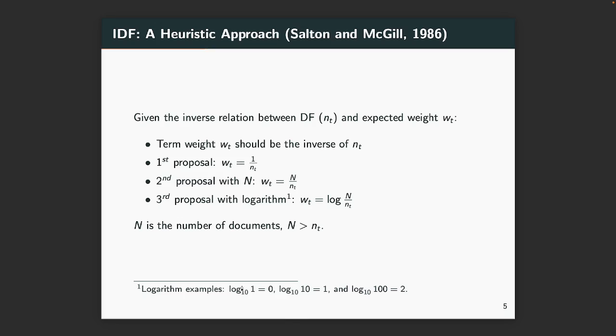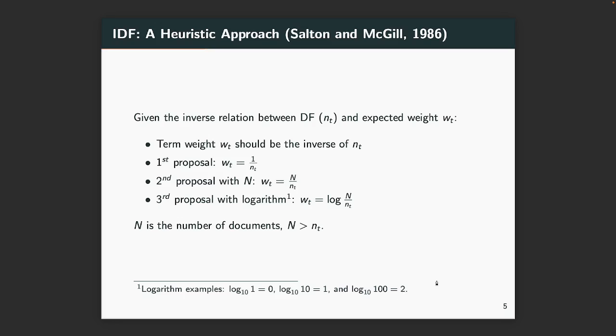So for example, base 10 log 1 is going to be 0 because 1 has no zeros in it. Log 10 is going to be 1 because there's one zero in the number 10. And log 100 is going to be 2, because 100 is 10 to the second order.